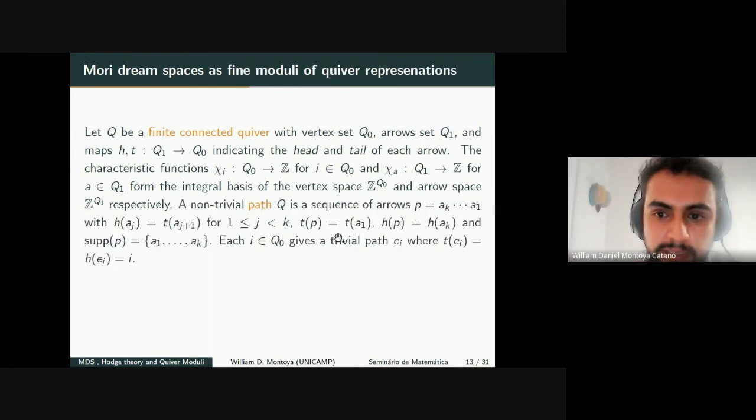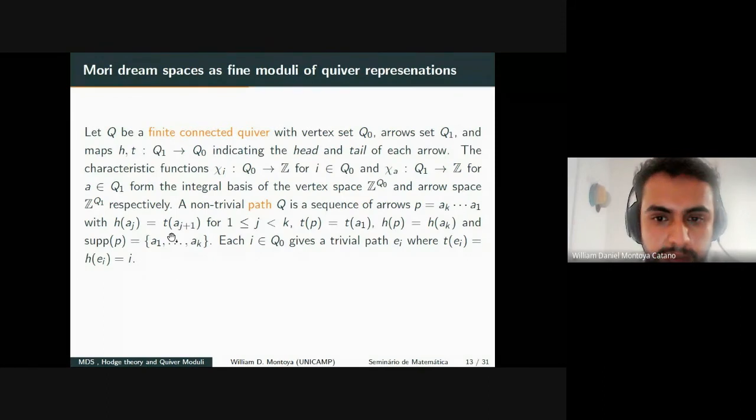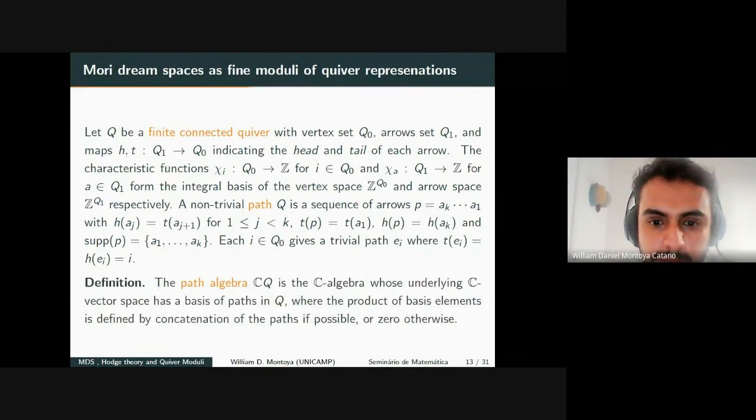A non-trivial path is just like a composition, as you compose functions: the head of one has to coincide with the tail of the next one. This is the way that you produce paths, and the path algebra is where you consider all the possible combinations.